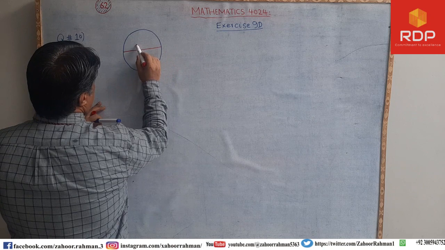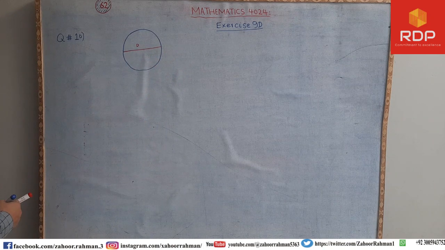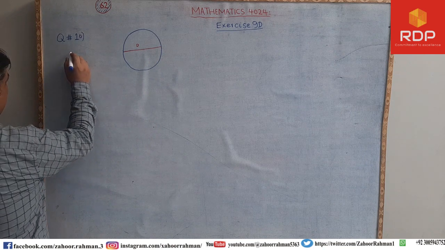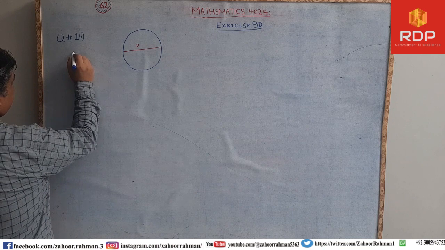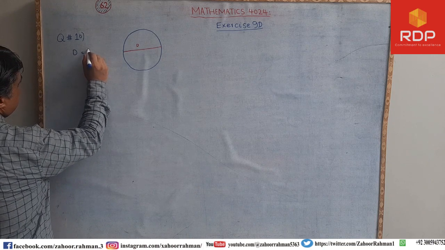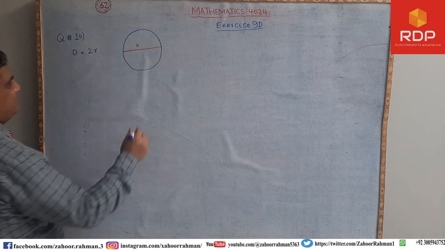Diameter is denoted by D, and remember, diameter is equal to 2 times the radius.